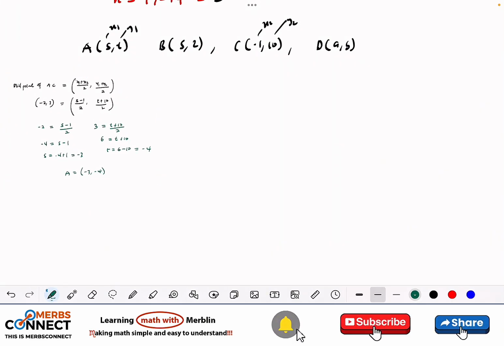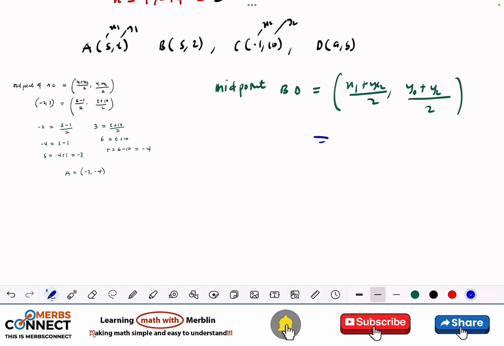Now we want to look at the midpoint for BD, right, which is equal to the same x1 plus x2 divided by 2. So I hope you are still here, because I have some tips for you at the end of the video. And this is kind of a homework question, so it's kind of long.